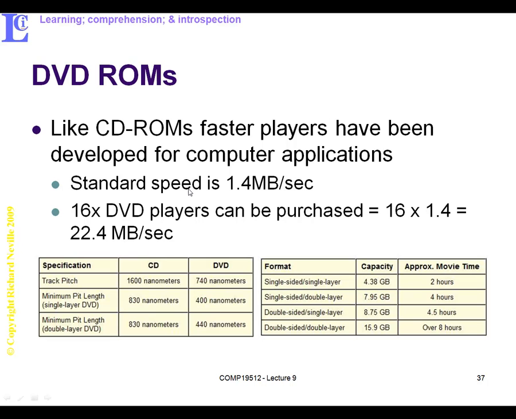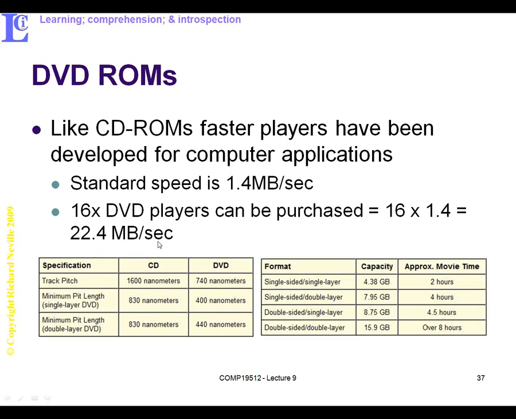So if we now compare DVDs and look at the speeds of DVDs, we'll see that the standard speed transfer rate is 1.4 megabits a second. And then if we do 16 times that, we get 22.4 megabits a second.